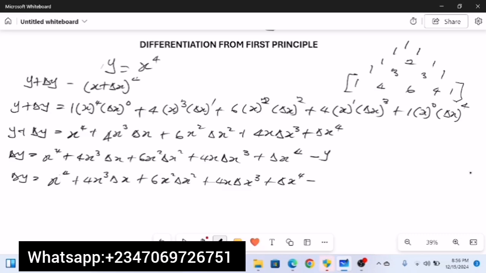In place of y is simply x to the power of 4. So you observe now that I have here x to the power of 4 minus x to the power of 4. So these two will easily cancel out.